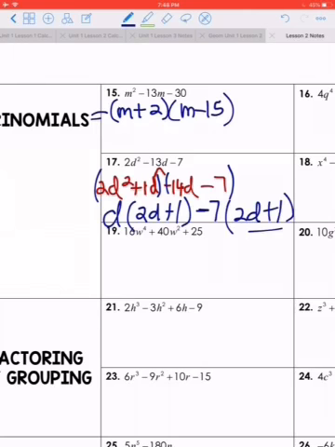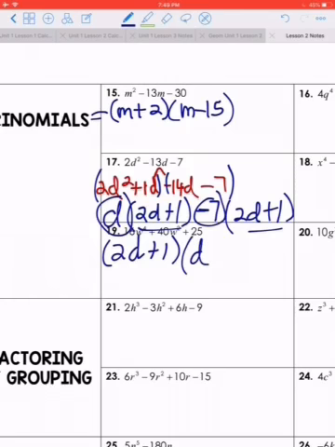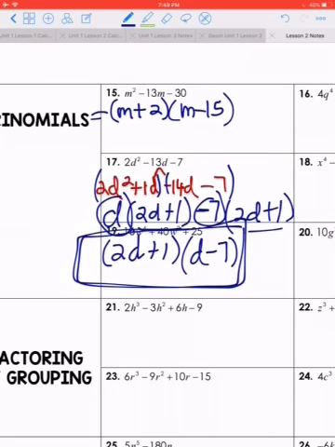Okay, and notice one of your factors should be the same. So you write that once, and then you put the other numbers in front. You put those together to make your second factor, okay? So we have 2d plus 1 times d minus 7. That's how you do 17.